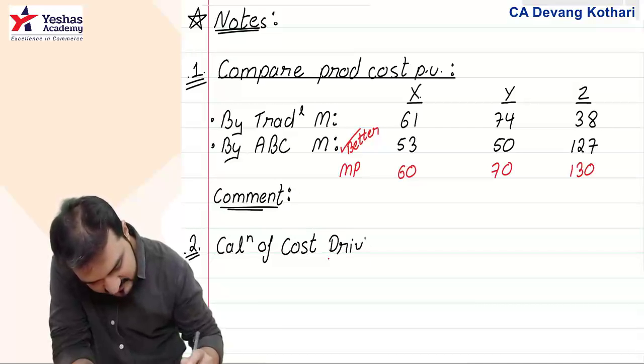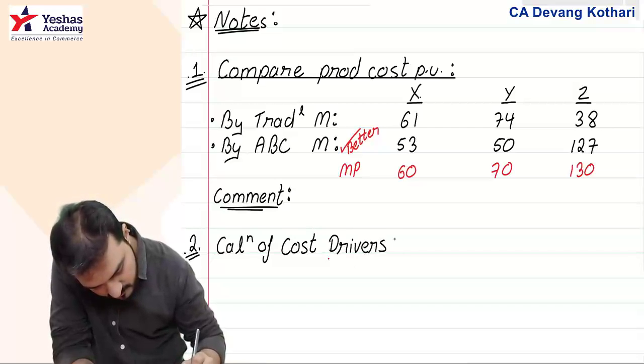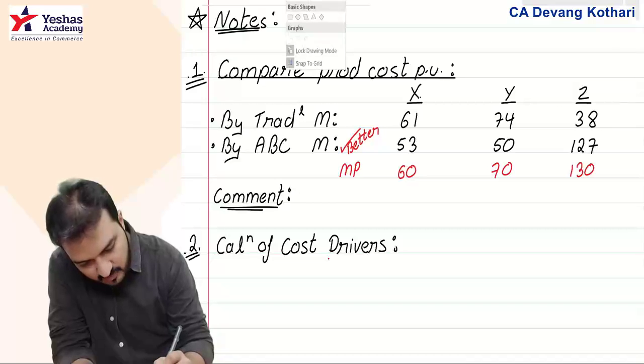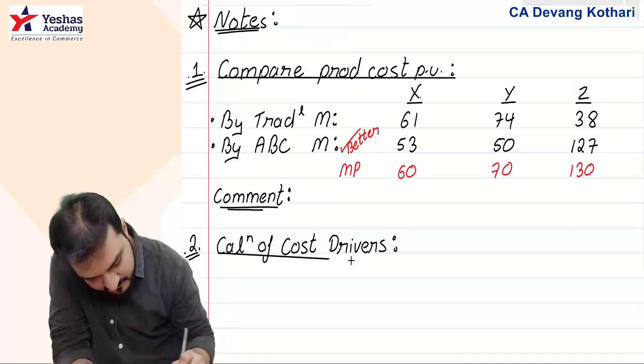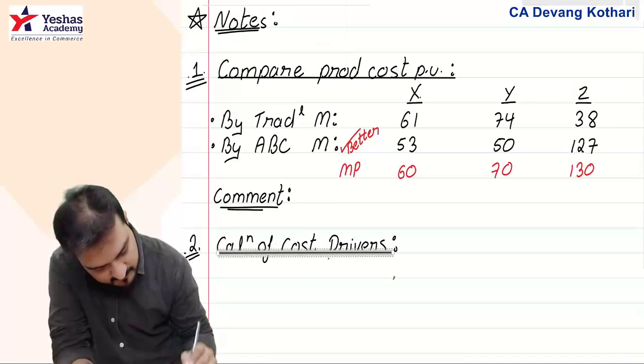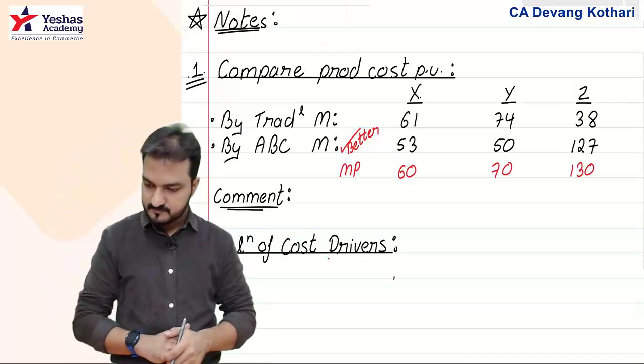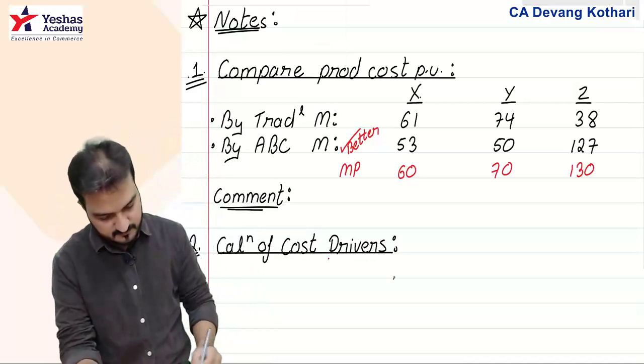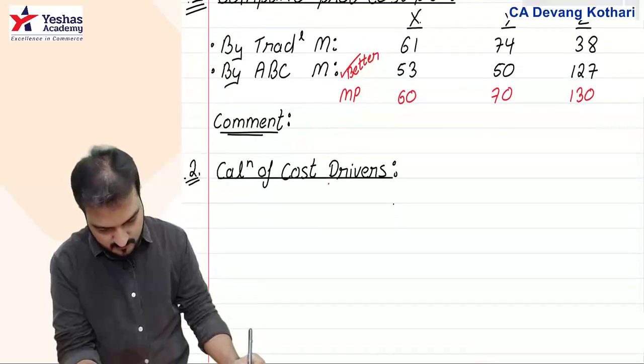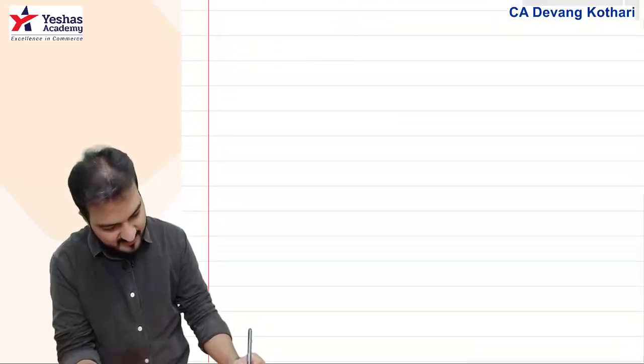Give a heading like this. Note number 2 is calculation of cost drivers. But under that, don't write anything yet, just wait.